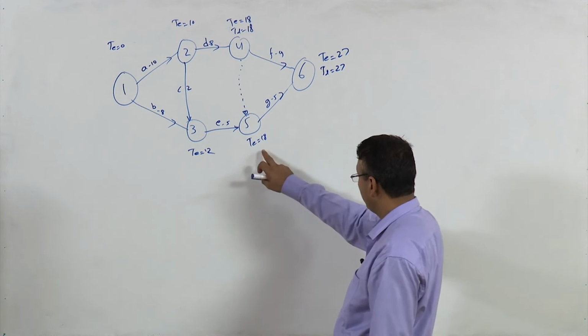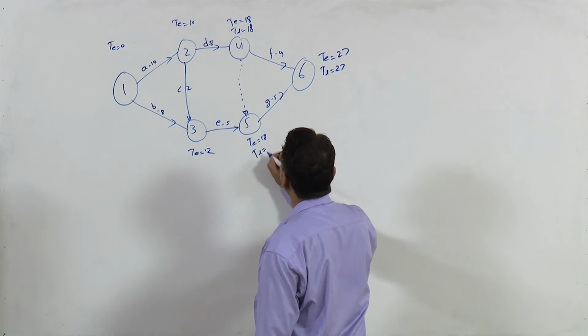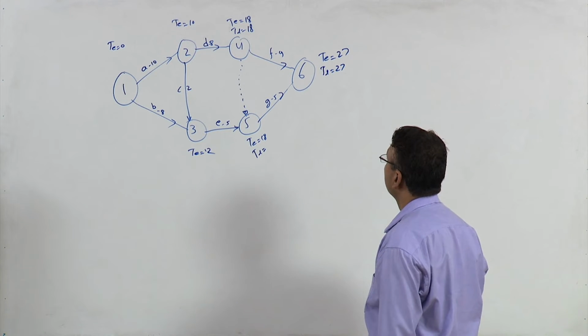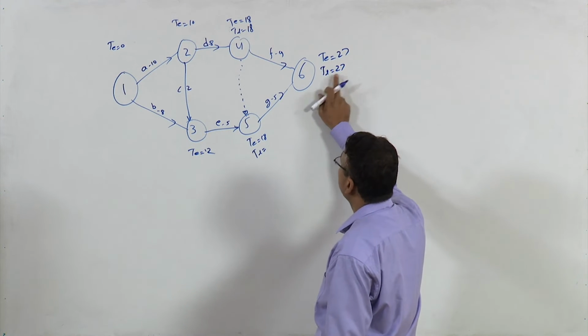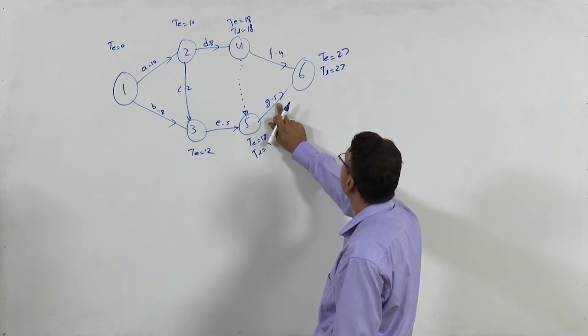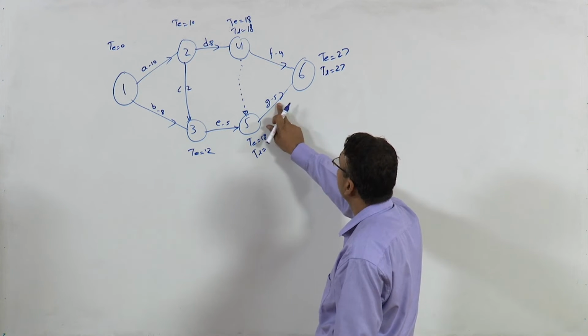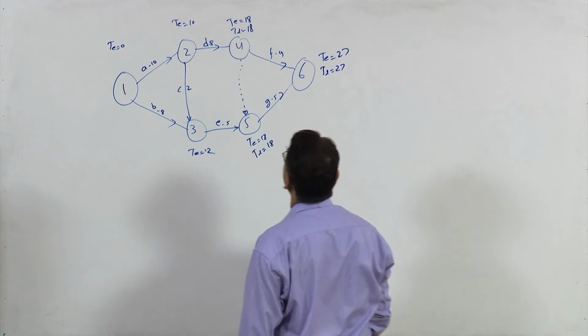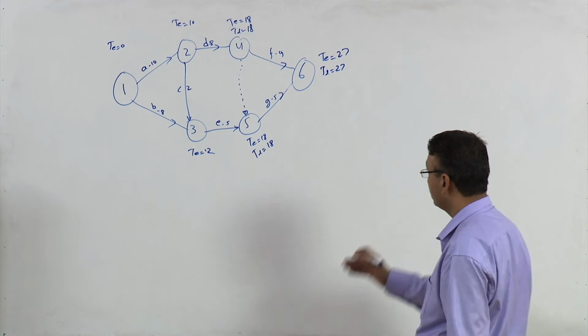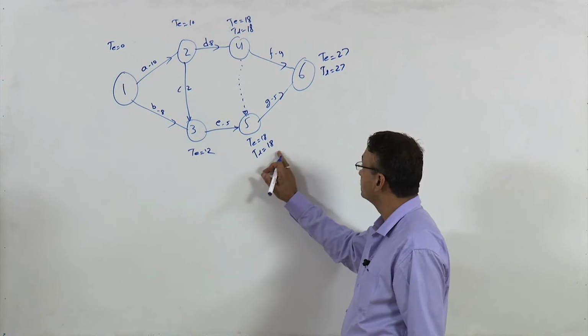TL at this point would be what? TL from here, 27 minus 5 would be 22, and TL from here would be 18, because we have to take the least value.